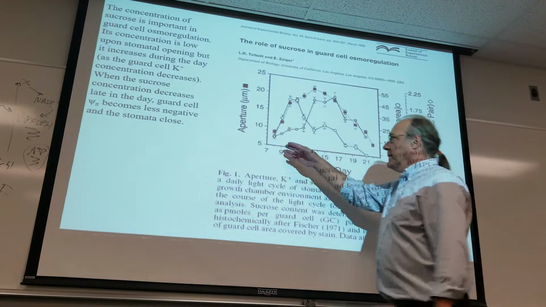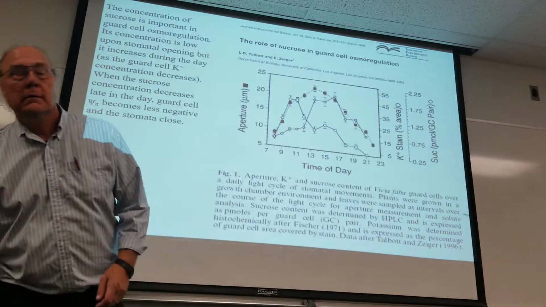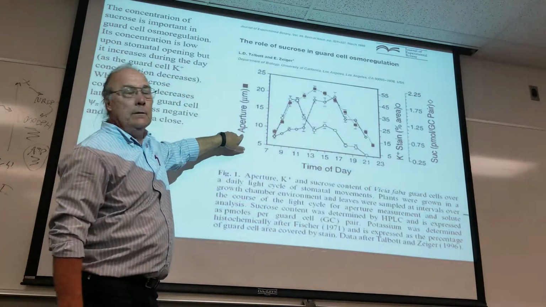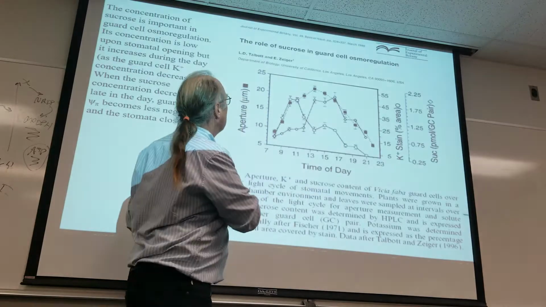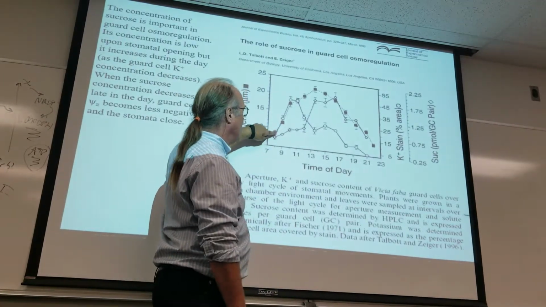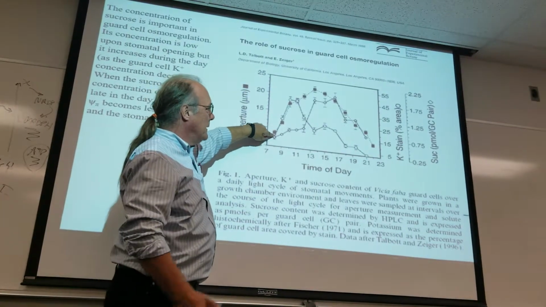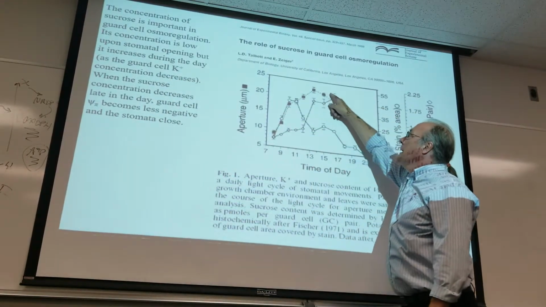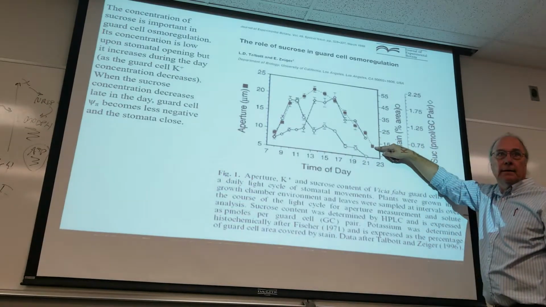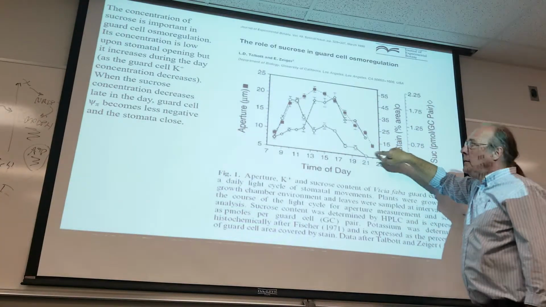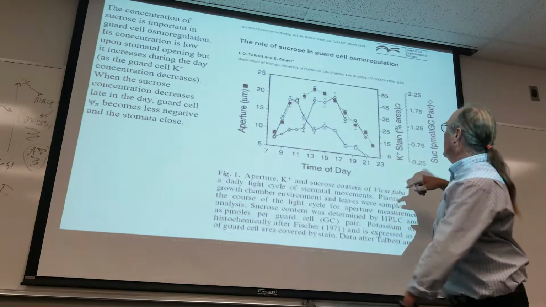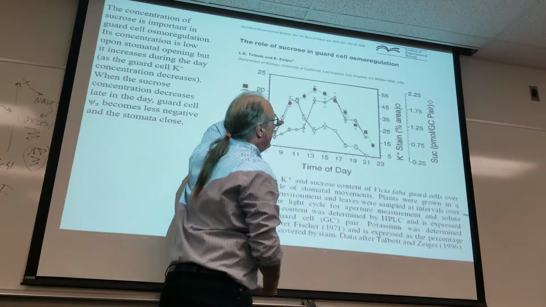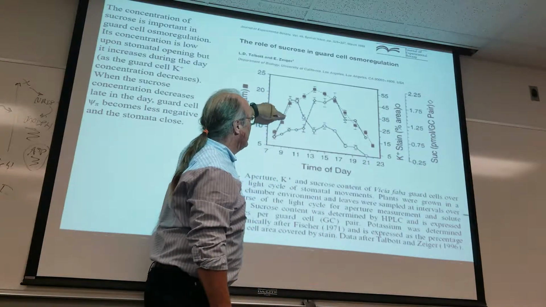If you look over the course of a day, here we see stomatal aperture. And here's the time of day. So early in the morning, stomata fairly closed, the sun comes up, it gets lighter, stomata open up, midday, and then later in the day as the sun goes down, they close again. That's the behavior. If you look at potassium concentration, that's this series of open symbols.